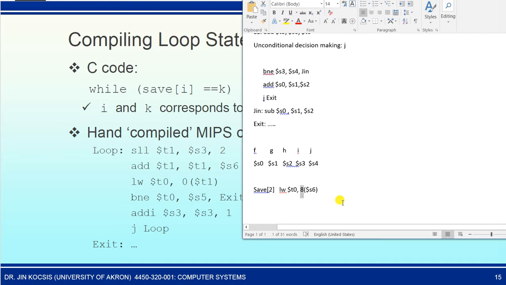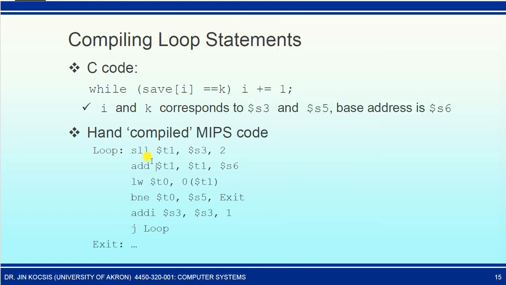So first, I need to calculate 4 times i, and then add the base address of save[0]. And how do you calculate 4 times i? If you recall, we can use the shortcut of shift left logical.